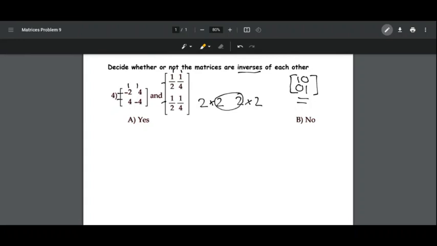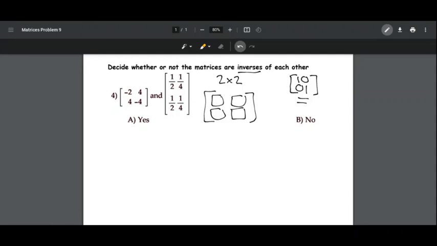And the outer numbers will be the layout of the new matrix, 2 by 2. So the layout of the new matrix will have 2 rows, 2 columns, and 4 elements. And now let's multiply.